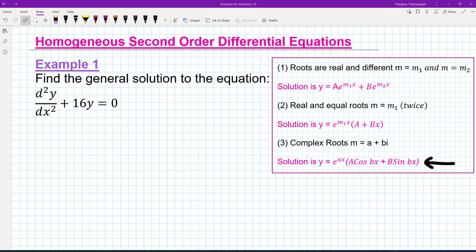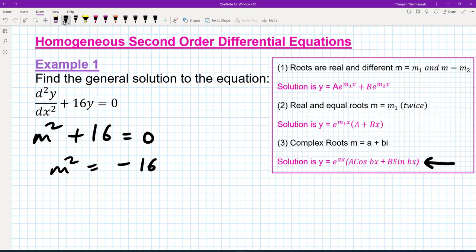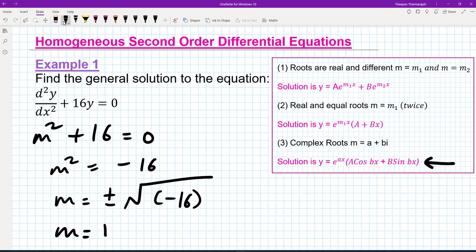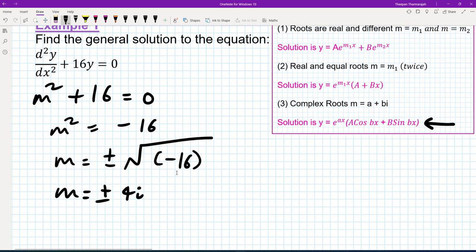Here's the final type that's similar to the last case. Let's do an example. m squared plus 16 equals 0. So m squared is equal to minus 16. m is plus or minus the square root of minus 16, which we know is plus or minus 4i. In other words, we could write that as m is 0, there's no real part, plus or minus 4i.